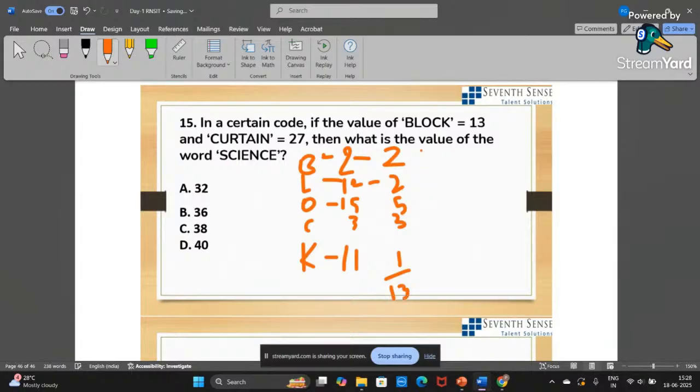This logic needs to be confirmed by applying it to the word curtain.